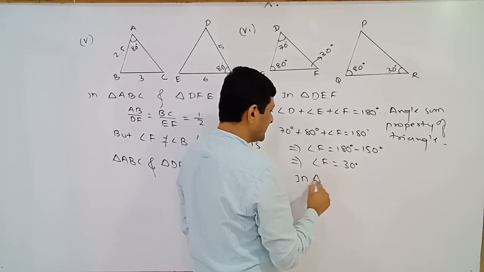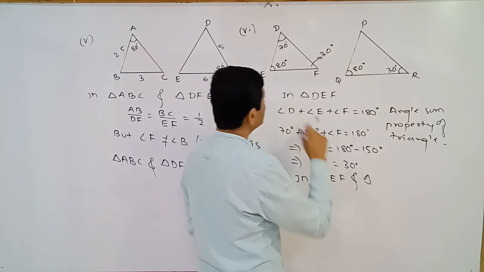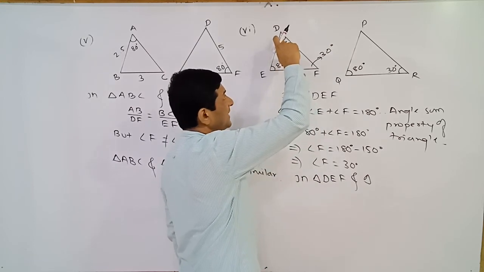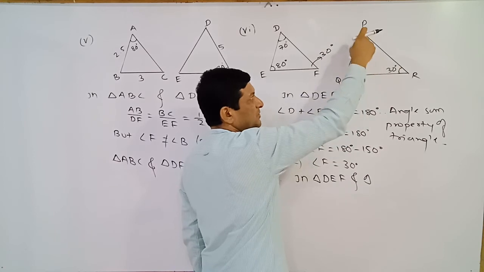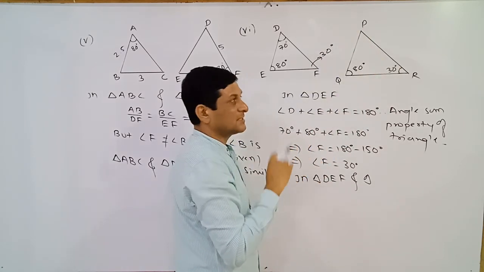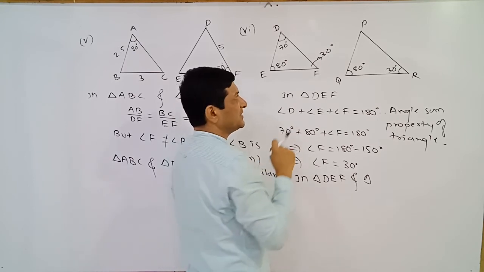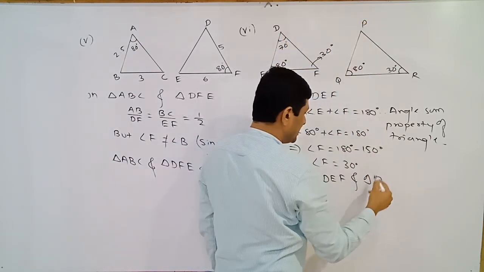So first consider triangle DEF and triangle PQR. Which is the corresponding angle of angle D? We are able to prove that this angle is also 70 degrees using what? Angle sum property, but it is not necessary to find this angle. So the corresponding angle of angle D is P here.